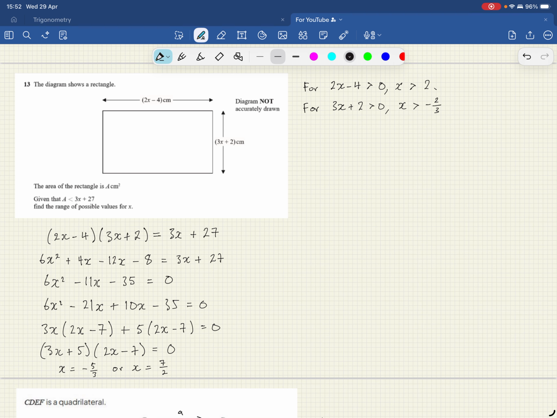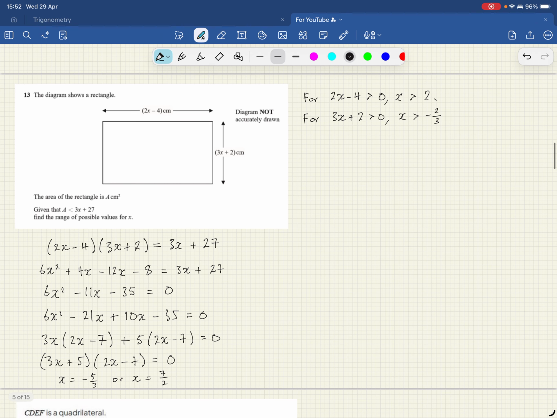So looking at this, what does the physical world say? I can label these, if you like, physical constraints. I need to choose the one of these, x greater than 2 or x greater than minus 2/3, which also satisfies the other one.